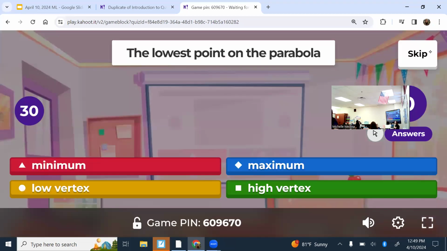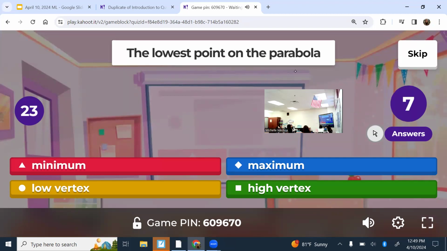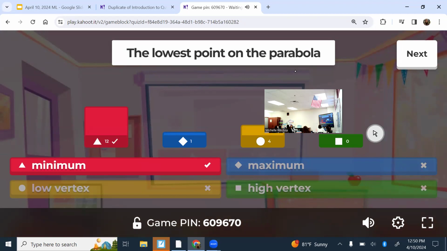Okay, so anyway, the lowest point on the parabola is called what? The minimum. The lowest point on any graph is your minimum. For our quadratics, it's technically just the y value of your vertex. So moving on.